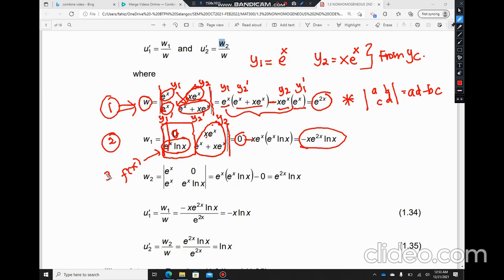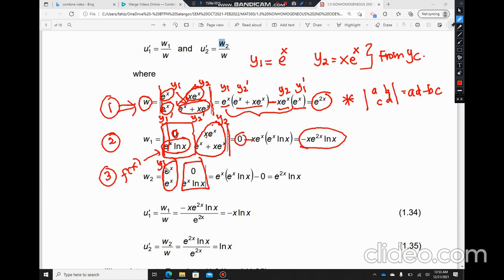Next, number 3 is W2. W2 pun sama, cumanya beza, kita kekalkan Y1. Kita tukar dekat second column. Awak ingat macam ni lah: kalau W1 tukar dekat first column, kalau W2 tukar dekat second column, daripada W yang asal.